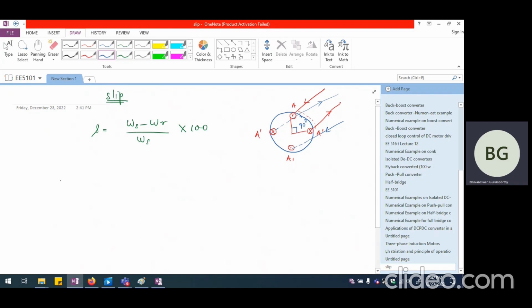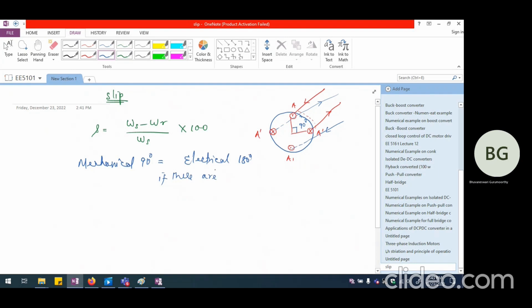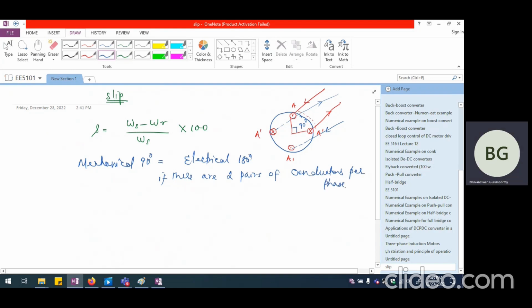So mechanical 90 degrees is equal to electrical 180 degrees if there are two pairs of conductors per phase, or two poles. So this is what we mean by two-pole winding.